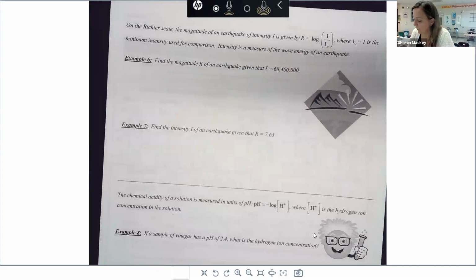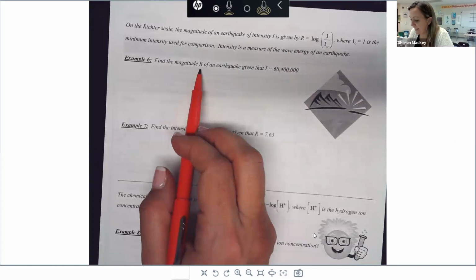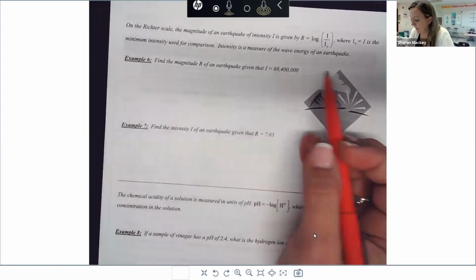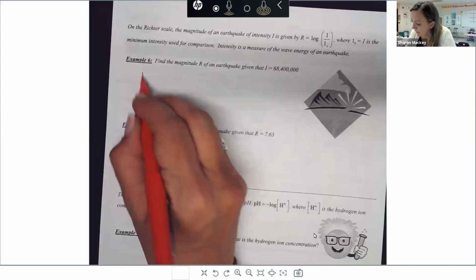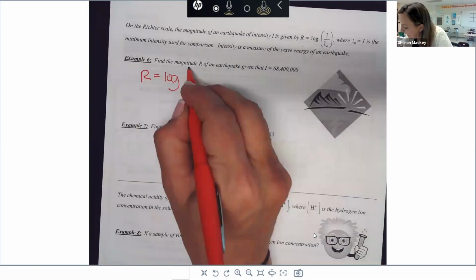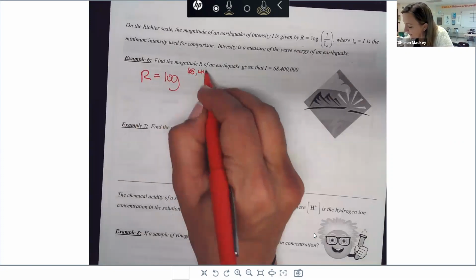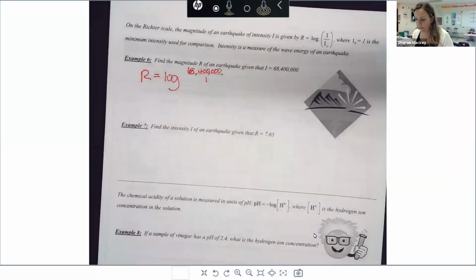So in example 6, it wants us to find the magnitude R of an earthquake, given that I is 68,400,000. So that means we would just use this equation. R equals the log of 68,400,000 in for I, and then over 1. And then basically you can just evaluate that.